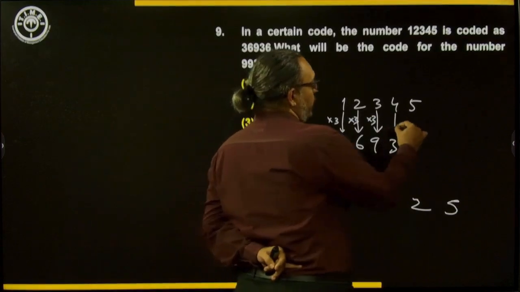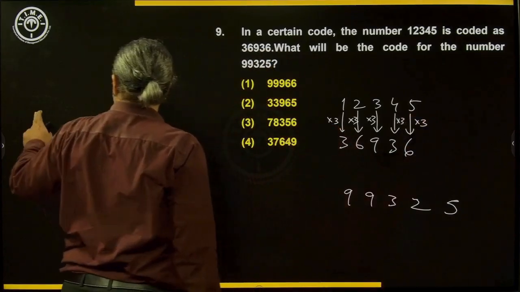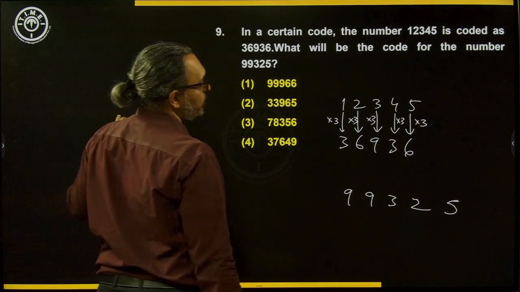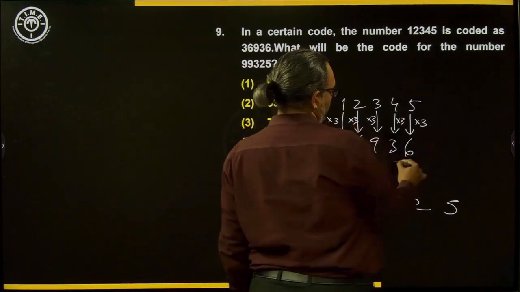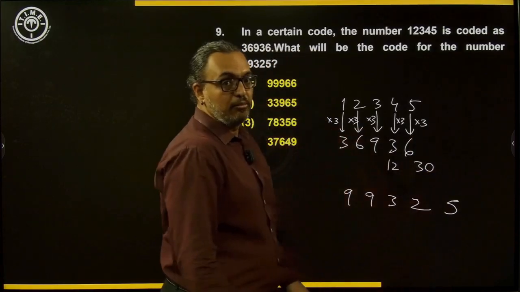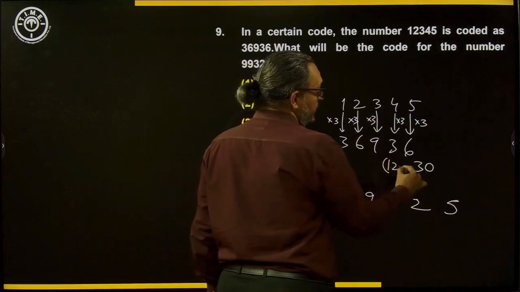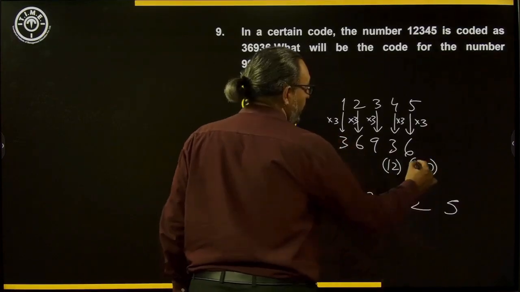Same way, 4 into 3 and 5 into 3. 4 into 3 is 12, and 5 into 3, sorry, is 15, my bad.